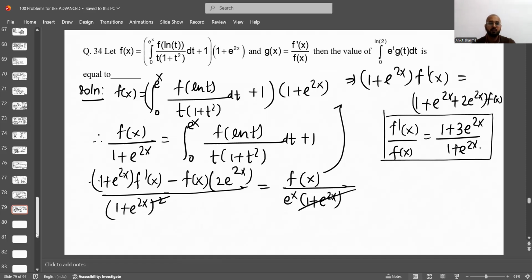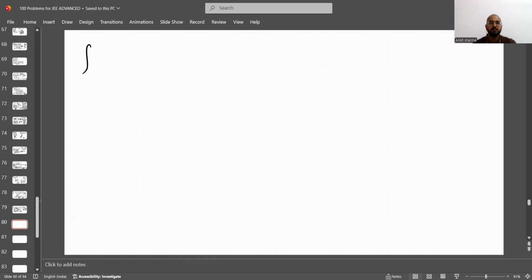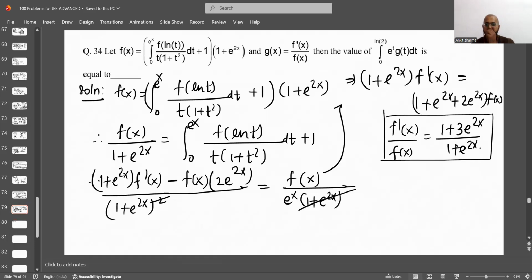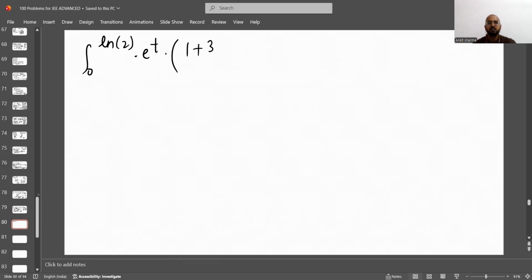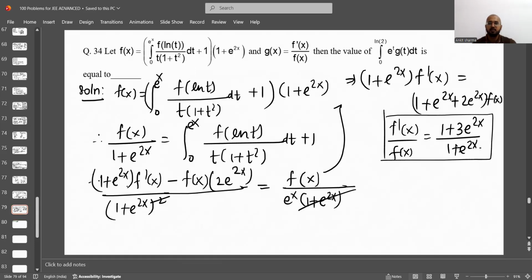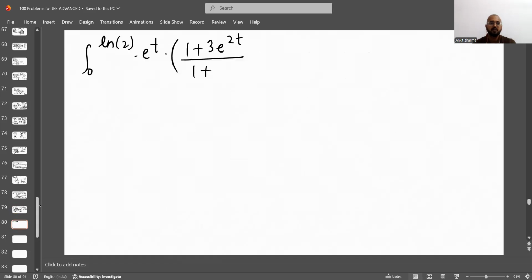So now the entire problem becomes 0 to ln 2. We have here e power t into g of t, which will simply become 1 plus 3 times e to the power 2t over 1 plus e to the power 2t, times e to the power t dt.